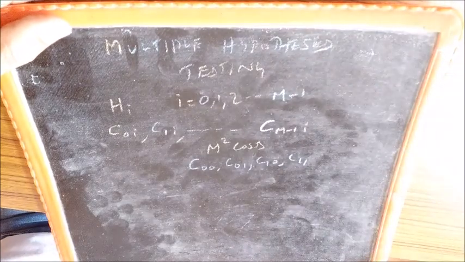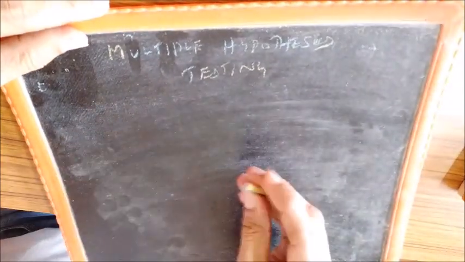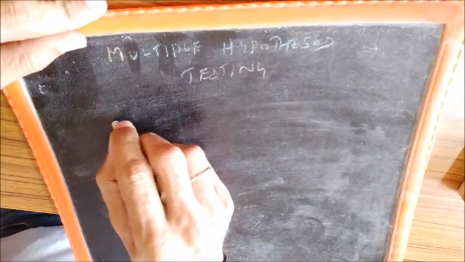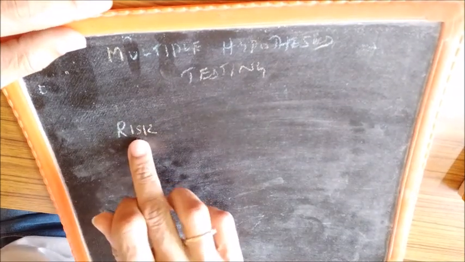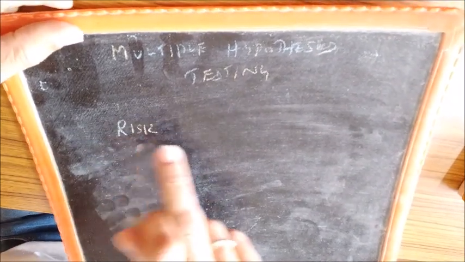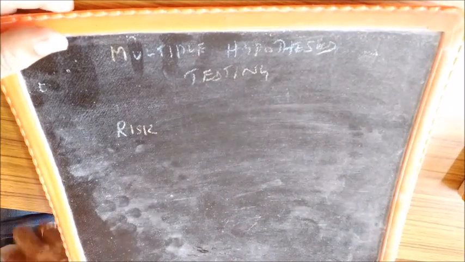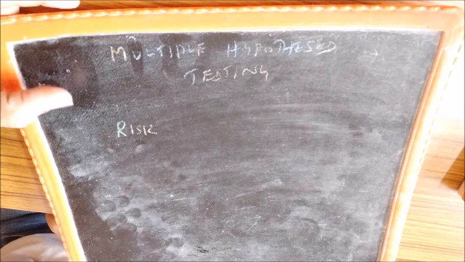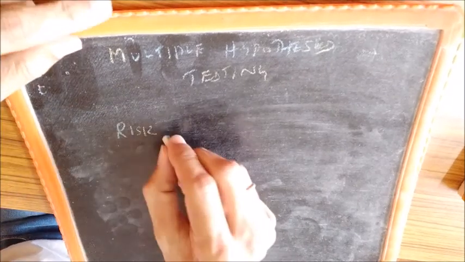So with that picture in mind, we can write a general expression for the risk. So I will write risk here instead of R subscript i, which I did earlier, because I am going to use i as a subscript for the costs and the other density functions and probably the hypothesis. So I will write risk as risk itself.